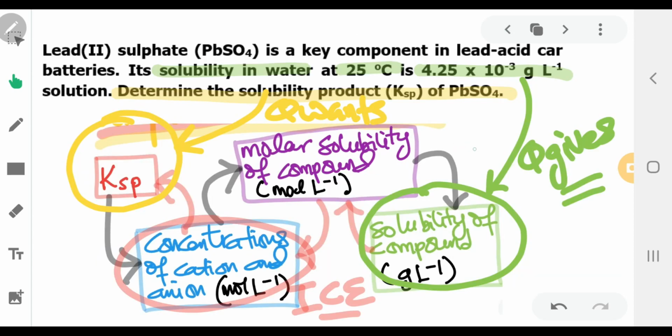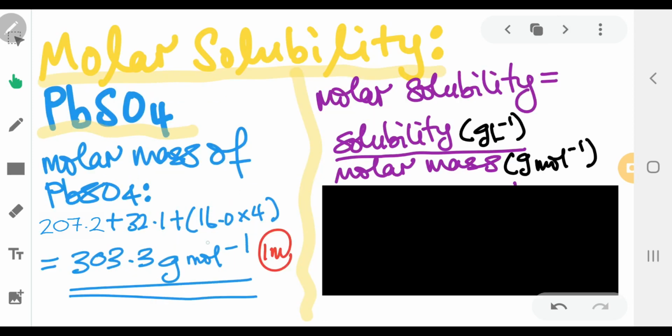The given solubility is 4.25 times 10 to the power of negative 3 gram per liter. That is given to you, and we want to work our way towards the molar solubility. To do that, we need to find the molar mass, and we have found it. And we're going to use this formula to find molar solubility.